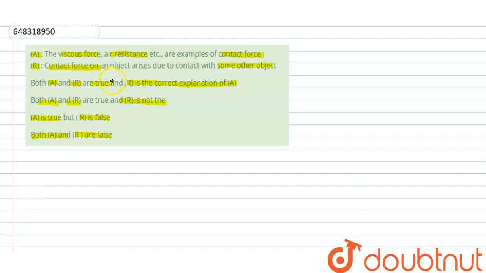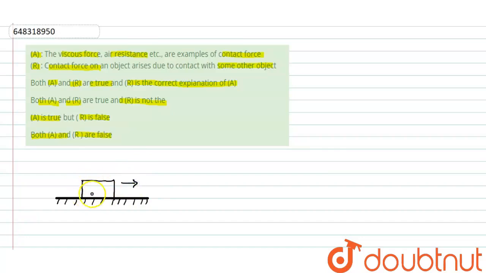So the assertion and reason are given based on contact force. First we need to know what we mean by contact force. Suppose we have a horizontal surface, a rough surface, not a smooth one, and we consider a block sliding on this horizontal surface in this direction.